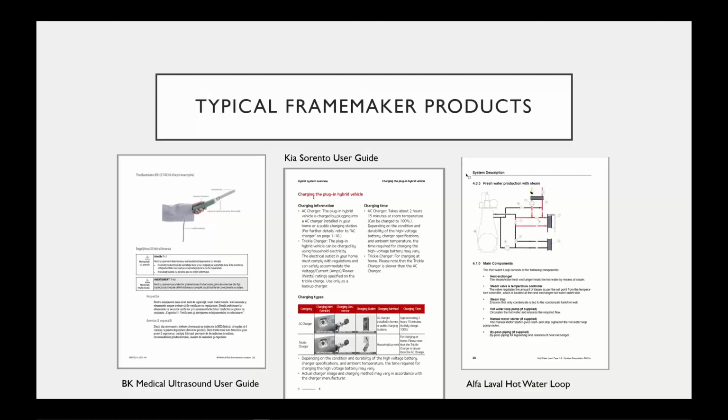It's a very big manual for a small car, I can tell you that. And there's also an issue of an Alfa Laval hot water loop, an instrument made for ships. These are typical FrameMaker products: technical documentation with long manuals with lots of figures and numbered headings and cross references, etc.